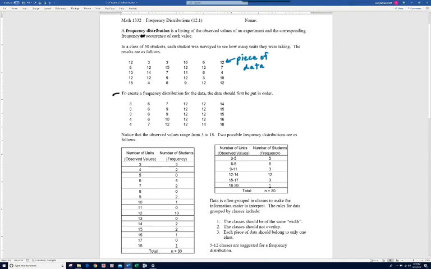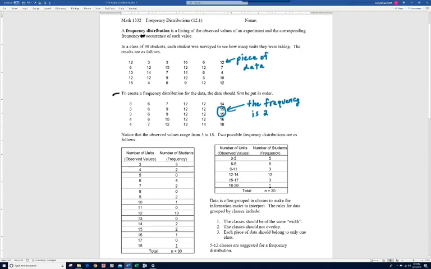I've done that, and now it's easy to see how frequently each piece of data occurs. For example, the frequency of 15 is 2, since there are 2 occurrences of that data value. Next it says notice that the observed values range from 3 to 18.